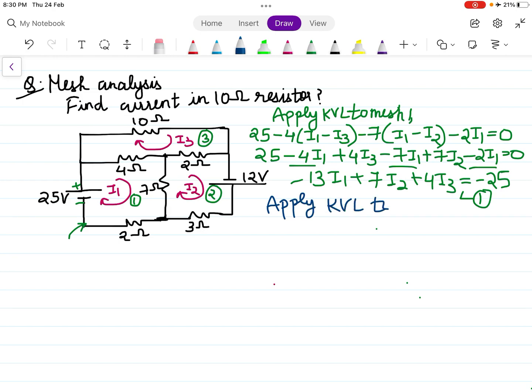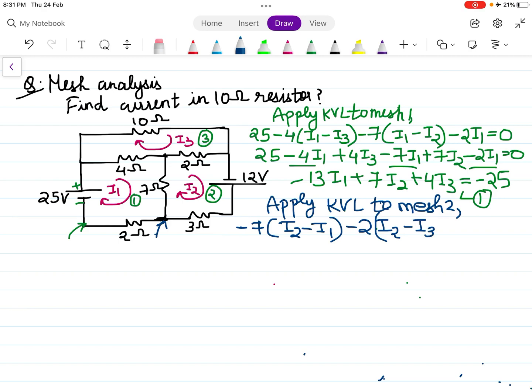Apply KVL to mesh 2. When I apply KVL to mesh 2, starting from this end, minus 7 (I2 minus I1), minus 2 (I2 minus I3), plus 12 minus 3 I2 equal to 0.